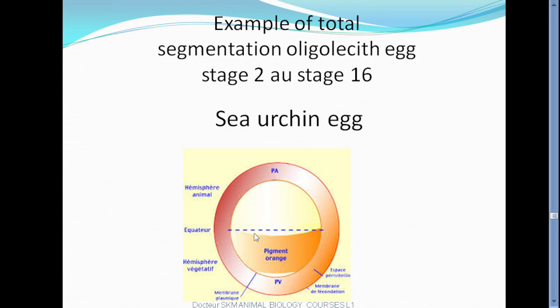For the sea urchin egg, before fertilization, it contains orange pigmentation on all its surface, but after fertilization, this pigmentation moves to the vegetative pole.